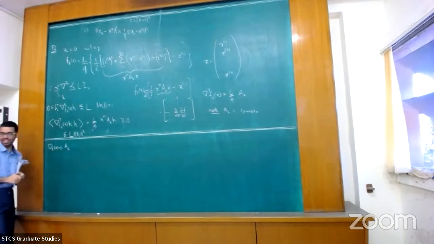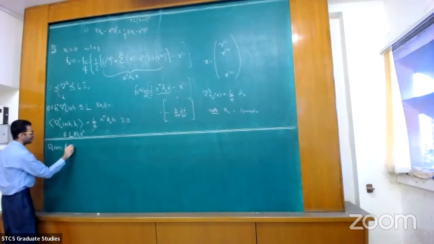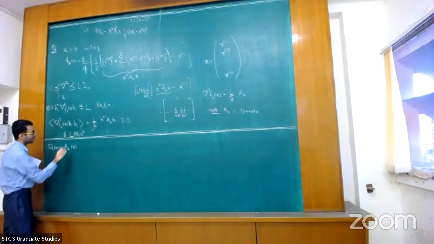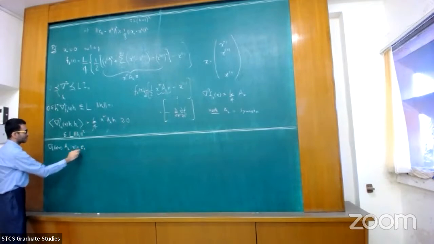What equation do I get? Anybody? Yes, Ak x is equal to e1. So I get this equation.